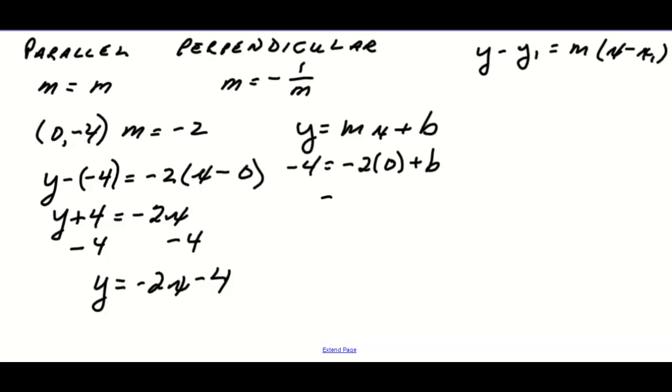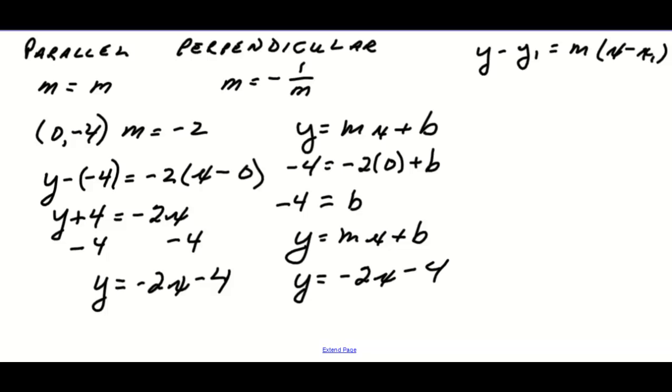In this case, negative 4 is going to be 0 plus b, so b is going to be negative 4. Going back to our original formula, y equals mx plus b, if I substitute in the slope, negative 2x, and then b, which I now know is negative 4, I get the same answer. So I prefer to use that approach.